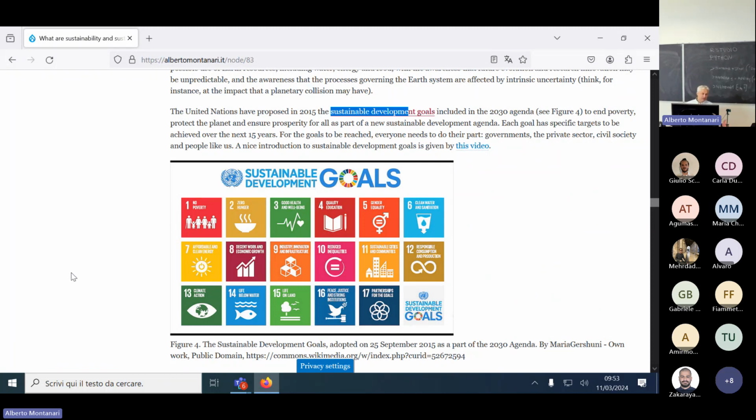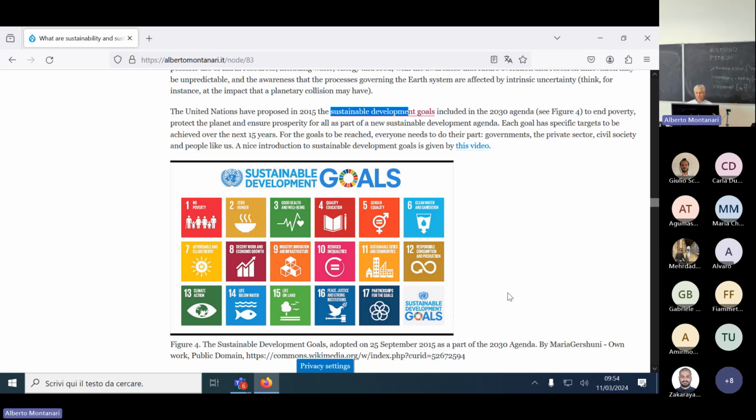And ideally we should meet them by 2030. And 2030 is very close, you understand. But in 2015, it was set as a 15-year target, with the awareness that not all of them can be achieved, but still they are a term of reference.